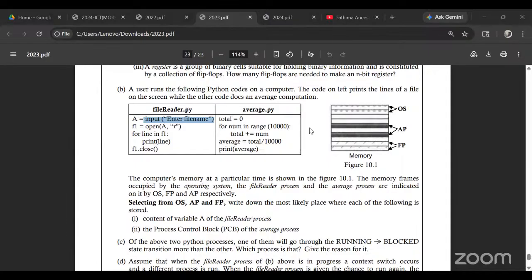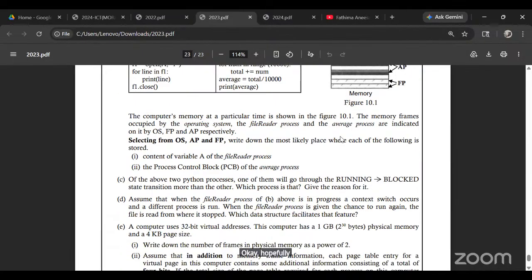Okay, I don't know if we will be able to finish off the entire paper, but I will try to do 2023 and 2024. 2022, we'll see another day, hopefully.